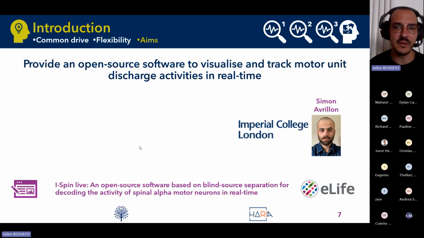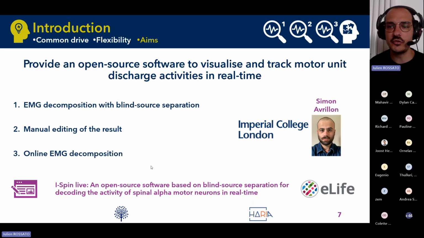The aim of my presentation is to present iSpin, an open source software that I developed with Simon Avrillon. Our software is made to display to the participant a real-time visual feedback based on the activity of individual motor units. This work is currently a reviewed preprint at eLife, so you can find it.